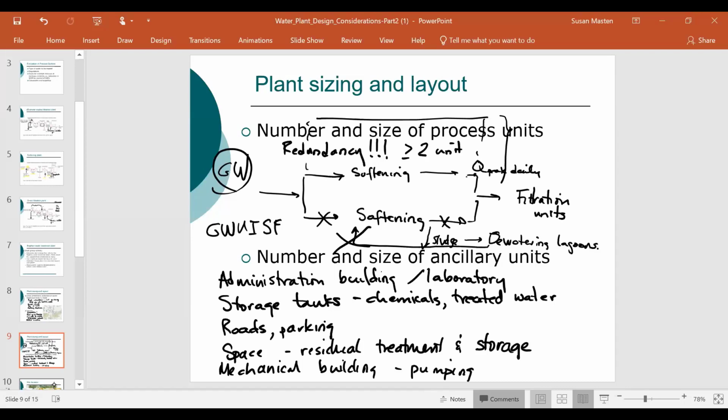And then where it's stored, you're also going to have a pump to pump from that storage into the plant. And then you want to design your plant so that water flows through your plant by gravity.